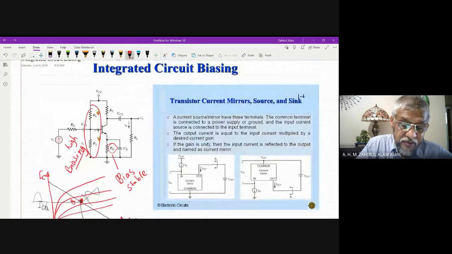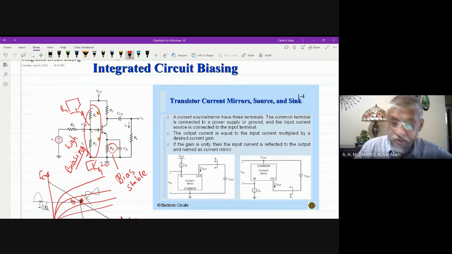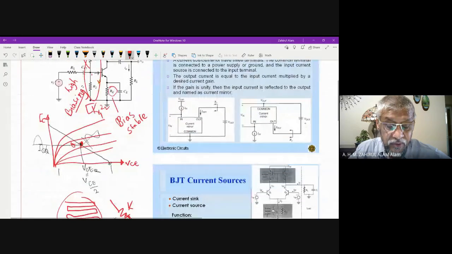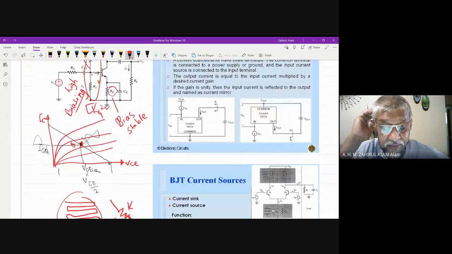Instead of using this resistor, we can use one transistor here, and in the bottom we can use another transistor for R2. So this is R1 and this is R2. So the device size is reduced. But again, there is another, RE.